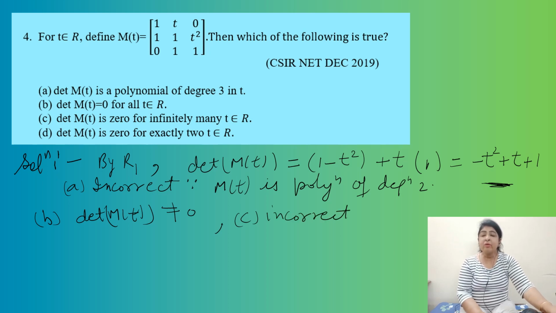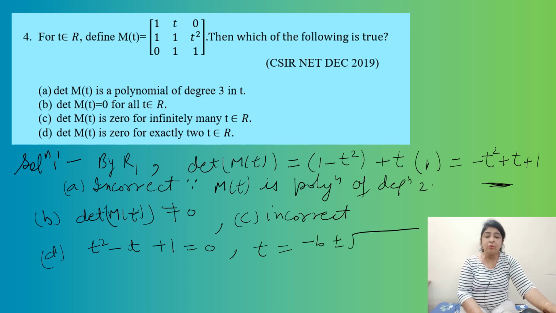Next you have, the determinant of M_t is 0 for exactly two values of t. You can see that it is a quadratic. So when I solve it, minus t square plus t plus 1 is equal to 0. So this will be t equals minus b plus minus root of b square minus 4ac by 2a.